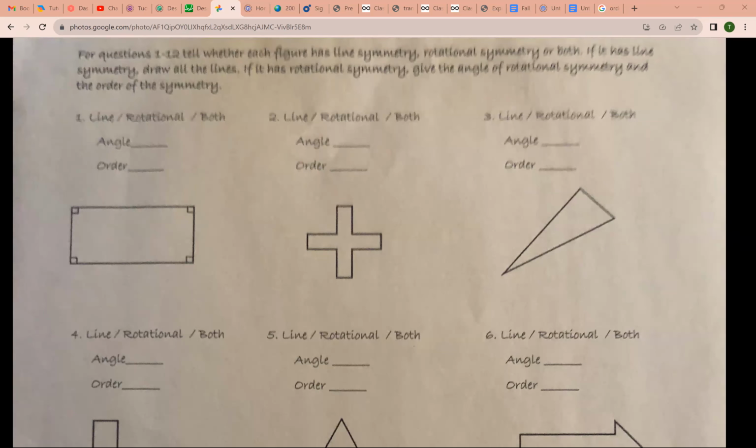I'm surprised it didn't ask how many lines, but again, there's a check. Rotational symmetry, absolutely, about that point right there. Now, if you rotate it 90 degrees, and that's how you should start, does that get you back to where you started?